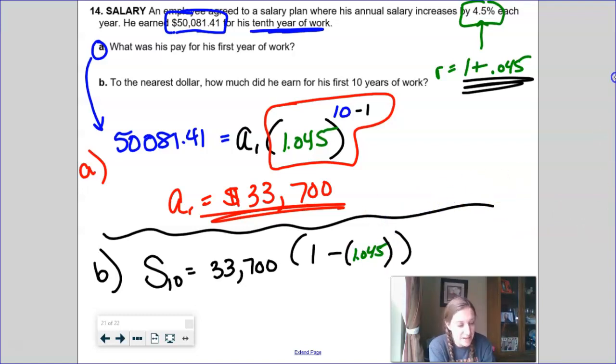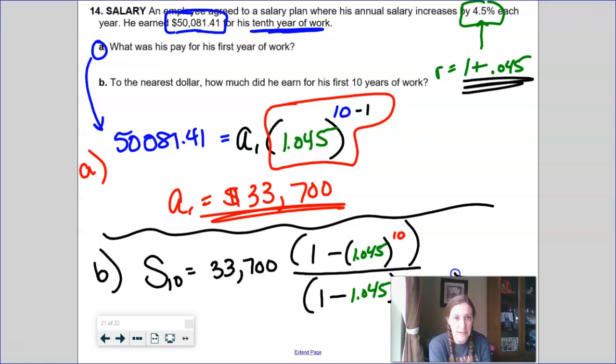All right, and then we're putting a 10 up there, remember, 10 years. And then down in the denominator, another set of parentheses for 1 minus 1.045. Don't need a parenthesis around that R this time, but you do need it around the denominator.